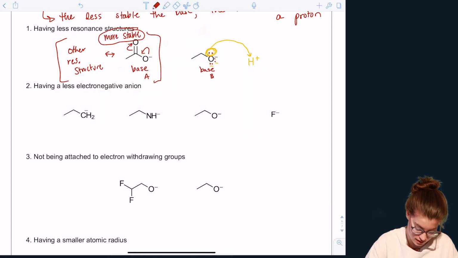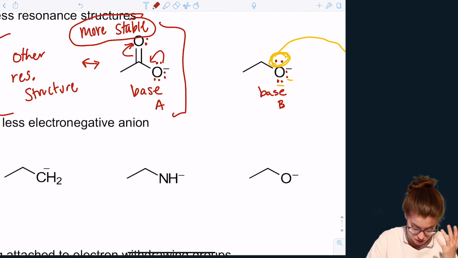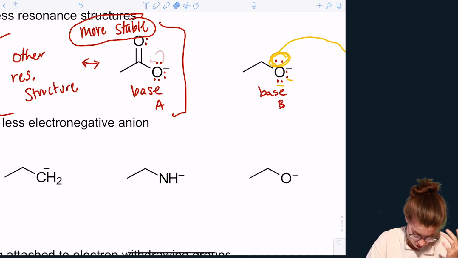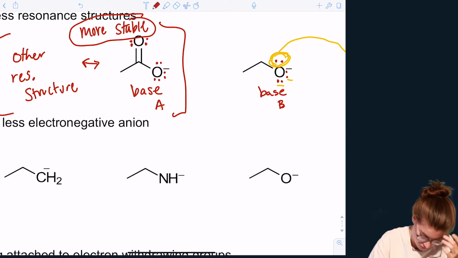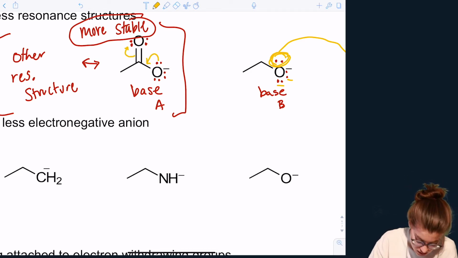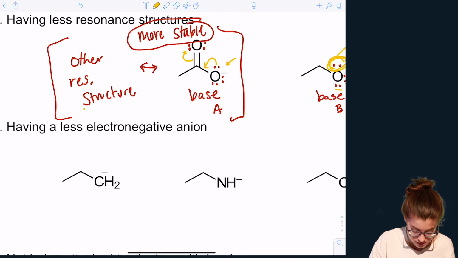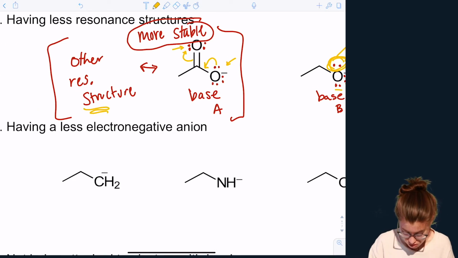So let's look at the electrons in base A. So not only did we say it was more stable, so it was less desperate, if you will, to go grab a proton, but you also need to remember that resonance delocalizes electrons. So here in this resonance structure, this oxygen is negative, and in the other resonance structure, this oxygen will be negative.